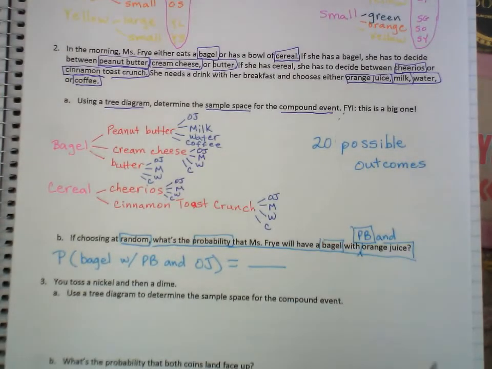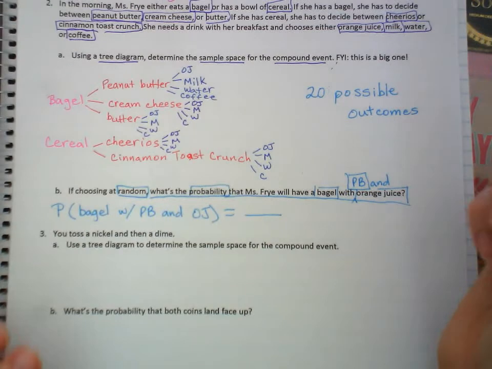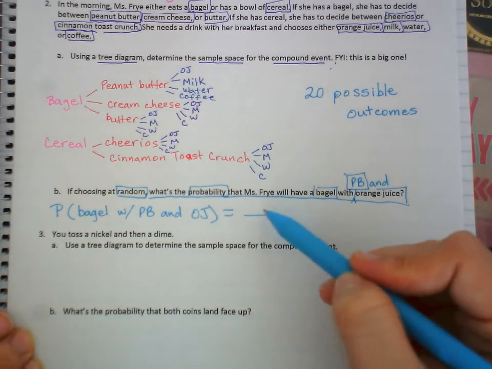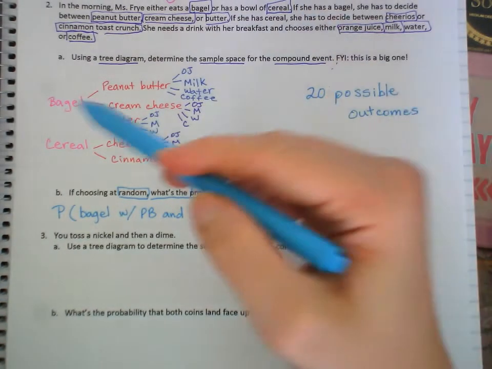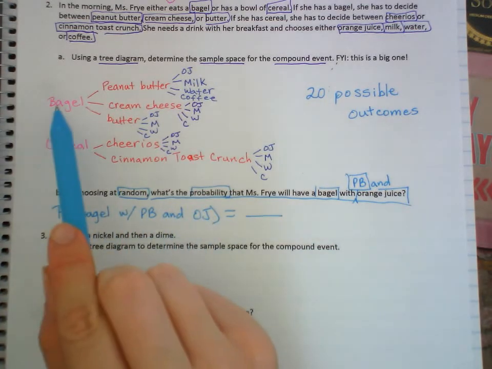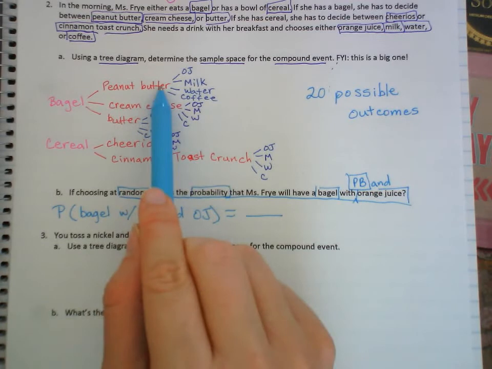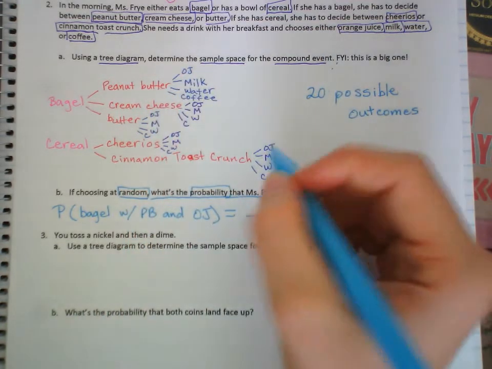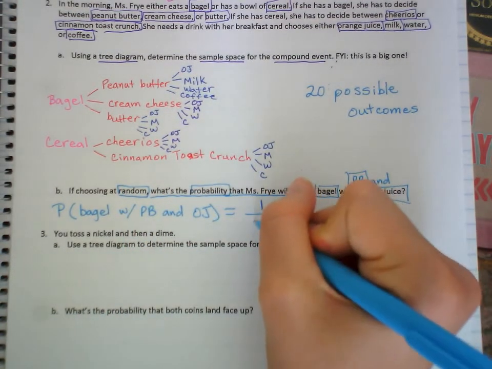Remember, probability is the number of favorable outcomes. So basically, how many different options do I end up with bagel with peanut butter and orange juice? That's pretty specific. That's just not like bagel. Bagel with peanut butter and orange juice was only one of the options out of 20.